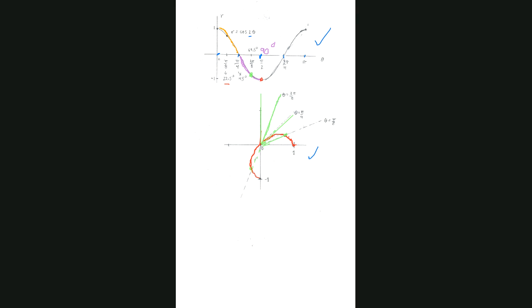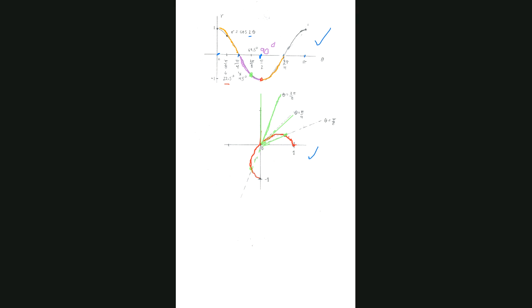Okay, well now, I want to be a little bit careful here. For when theta is between pi over 2 and 3 pi over 4, what can you tell me about the radius?